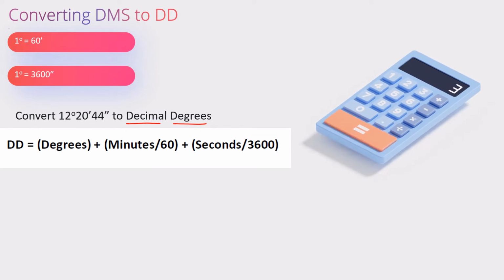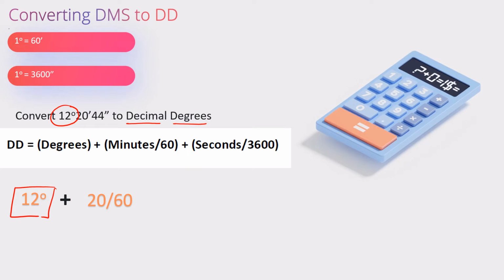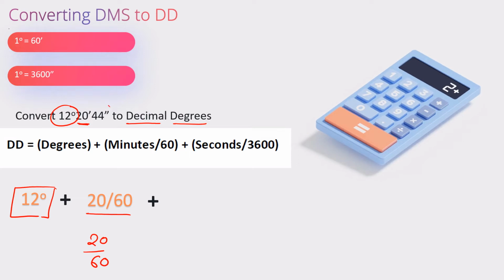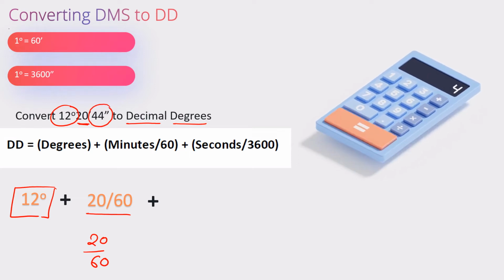So we apply this formula. We already have 12 degrees, so we write 12 as it is, and we do the plus sign. And we'll divide the minutes by 60, so we divide 20 by 60, and again we add, and we have 44 seconds, so we divide the seconds term by 3600.